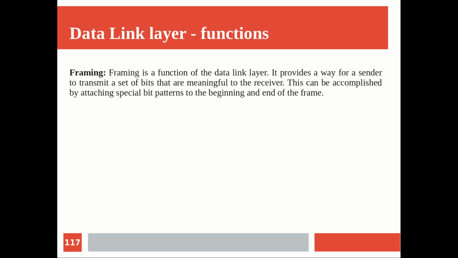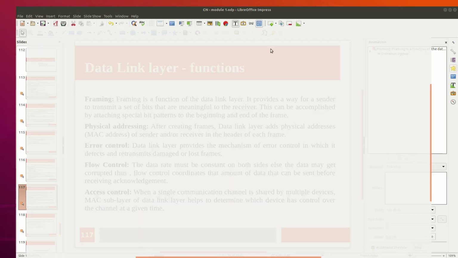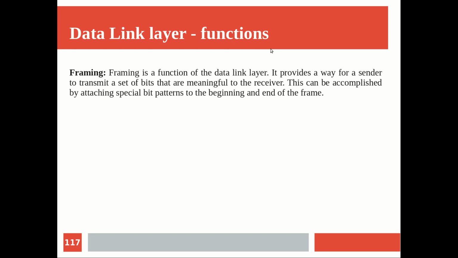Now the functionalities: framing, which we already saw. Framing is a function of the data link layer where it provides a way for a sender to transmit a set of bits that are meaningful to the receiver. This can be accomplished by attaching a special bit pattern to the beginning and end of the frame, to identify the frame boundary so that the receiver can start reading a new frame and know where to stop.